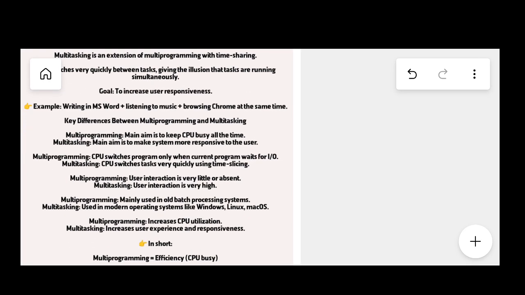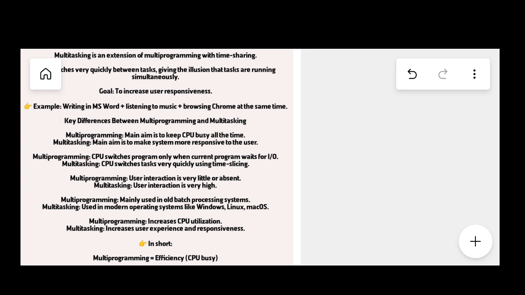Now we can see key differences. Multiprogramming keeps the CPU busy, while multitasking makes the system more responsive. In multiprogramming the CPU switches only when a program waits for input or output, and in multitasking the CPU switches very quickly using time slicing.